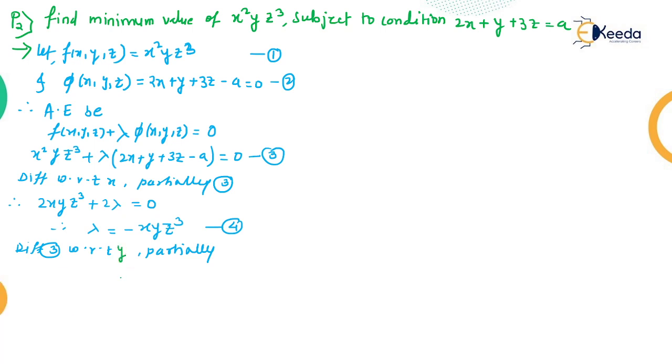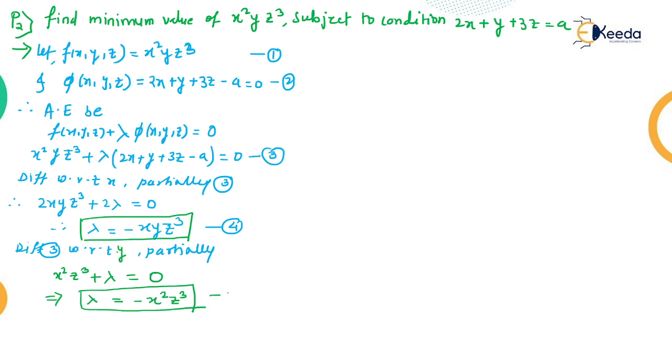After differentiating equation 3 with respect to y, x² and z³ remain as constants, so we get x²z³ plus λ, since 2x, 3z and −a are constants, and that is equal to 0. Eliminating λ, the value of λ is −x²z³. For reference we call this equation number 5.